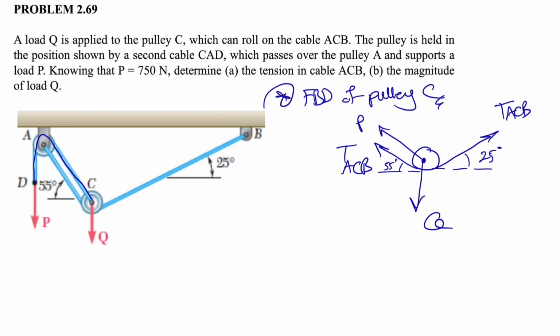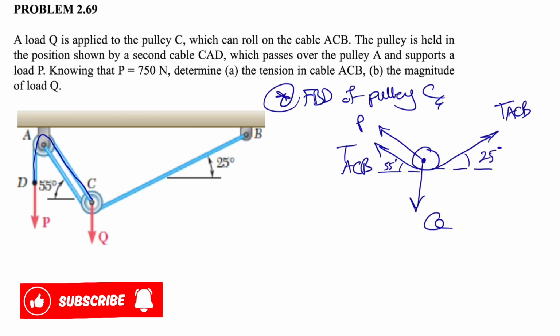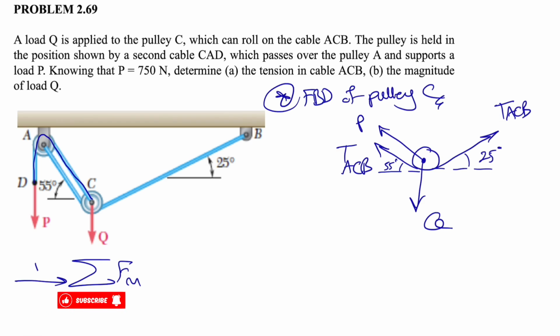We have the angle on the right side, 25 degrees, and on the left side, 55 degrees. That's all the forces that we have for the free body diagram of this system, and we can move on to our equilibrium equations.